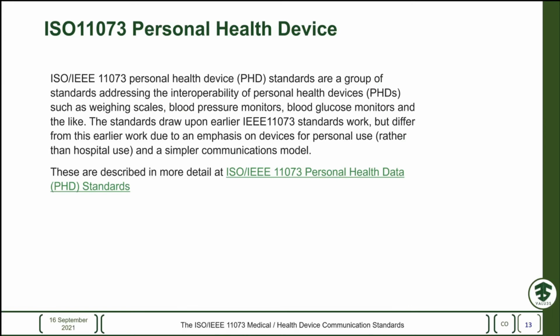Okay, so the ISO 11073 personal health device standards are a group of standards that address the interoperability of devices that are not so critical, but are used, for example, in homes, like weighing scales, blood pressure monitors or blood glucose monitors, but still they have contact with the patient or, in this case, the user.